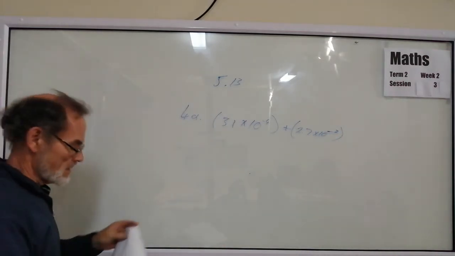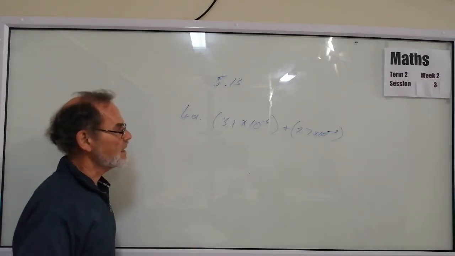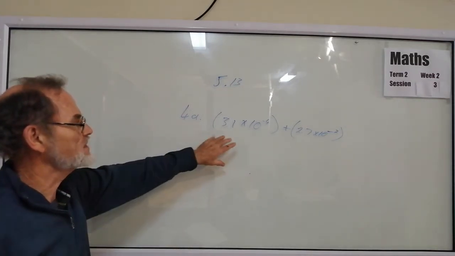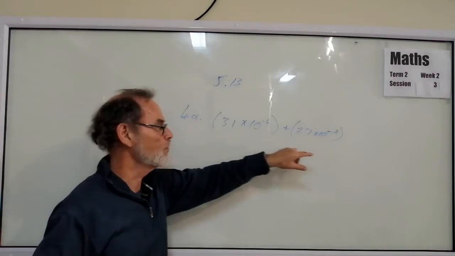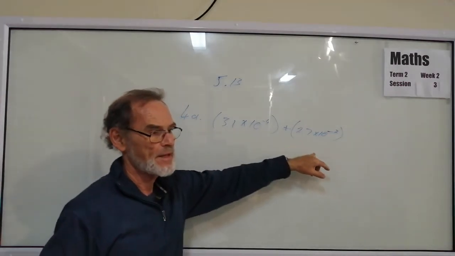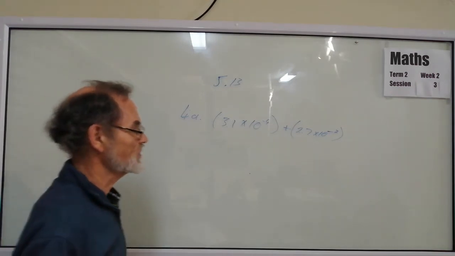Now you remember previously the book advises you to change both of these into a normal number and then add them. Then change them back into scientific notation.